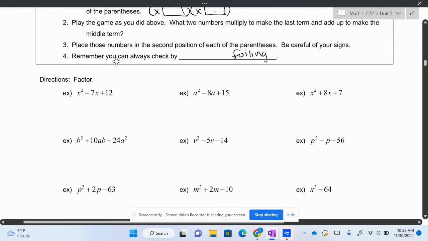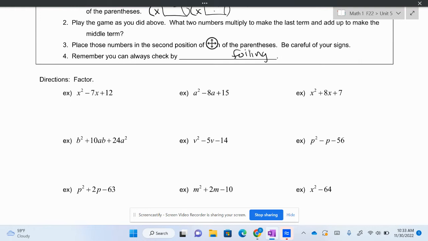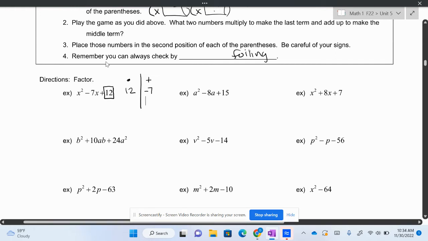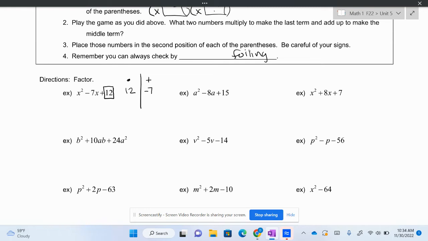So I want you to think about, what two numbers can you multiply together to get 12? On the times side, we need them to multiply together to be 12. But when I add them, I want it to be -7. So let's see, what two numbers can I multiply together to get a positive 12, but when I add them together, I get -7?